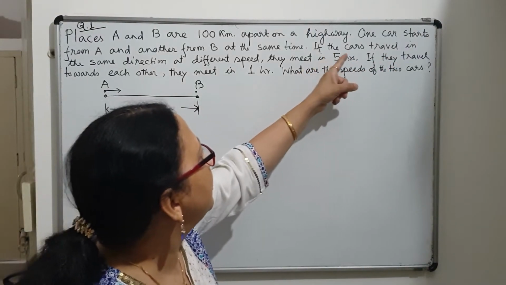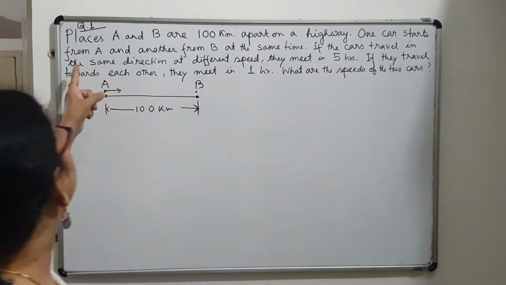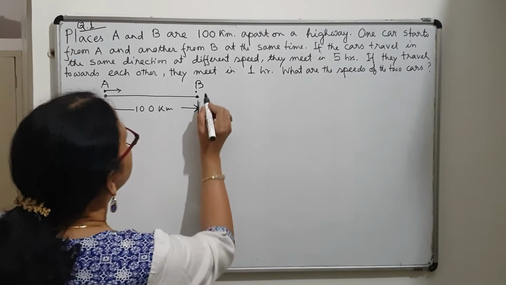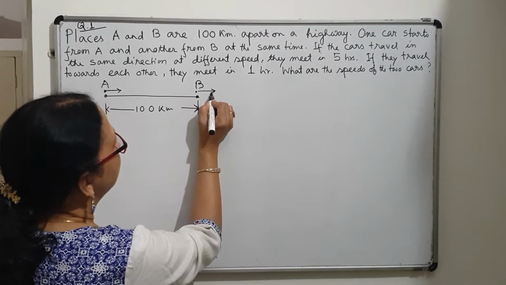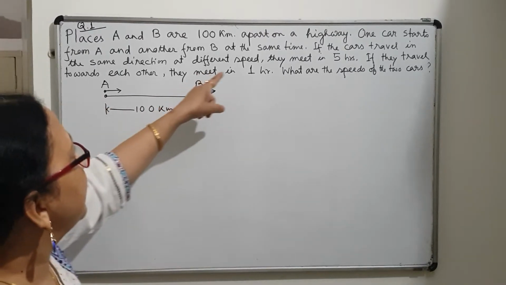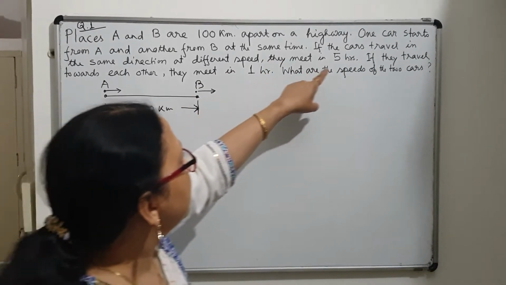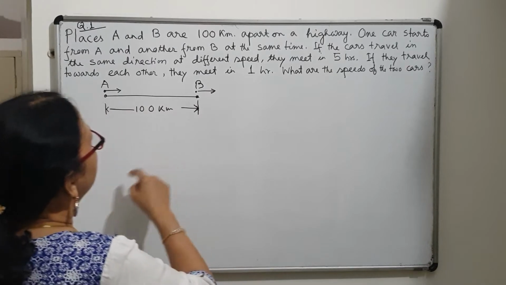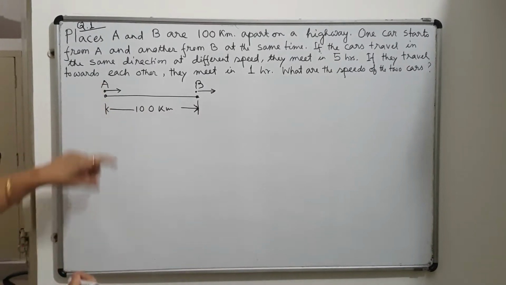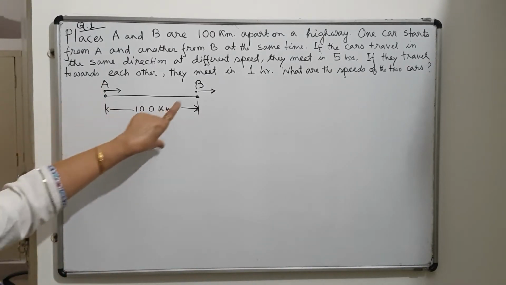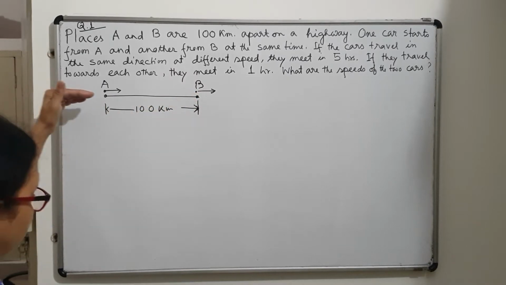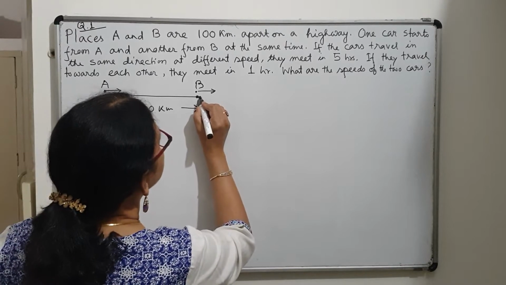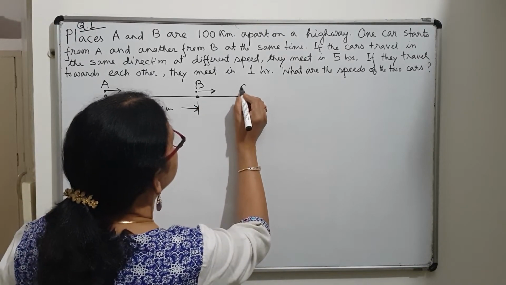First situation: if the cars travel in the same direction, that is, if A is traveling in this way, B is also traveling in this same direction at different speeds, they meet in 5 hours. So the speed of the car at A has to be more than the speed of the car at B, so that they will meet somewhere here, say at C.